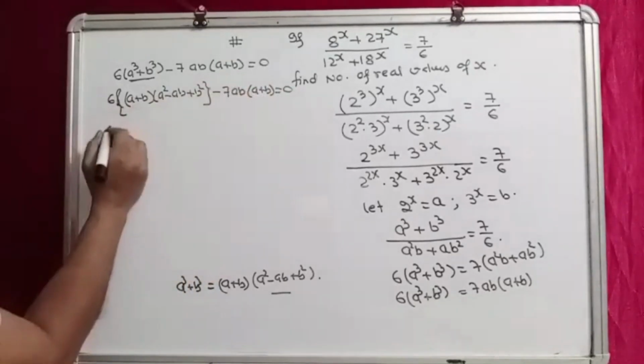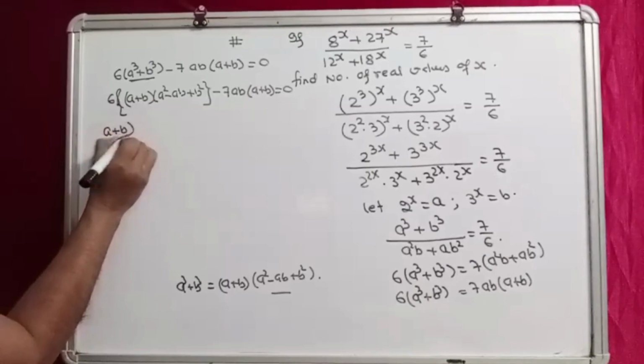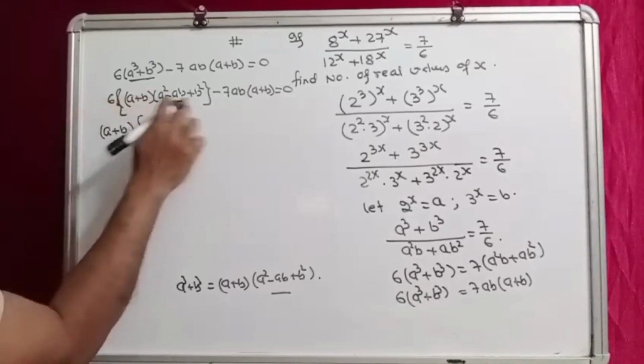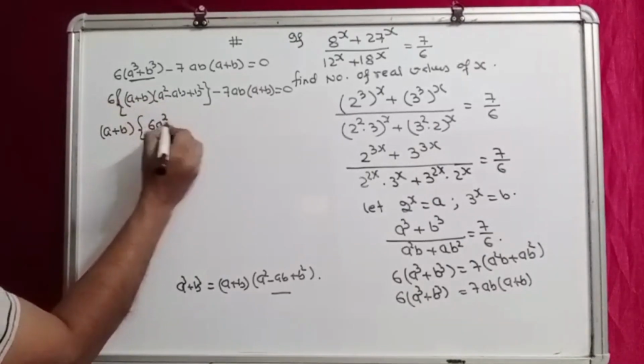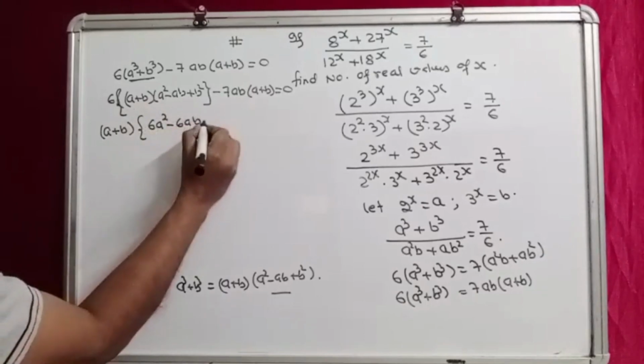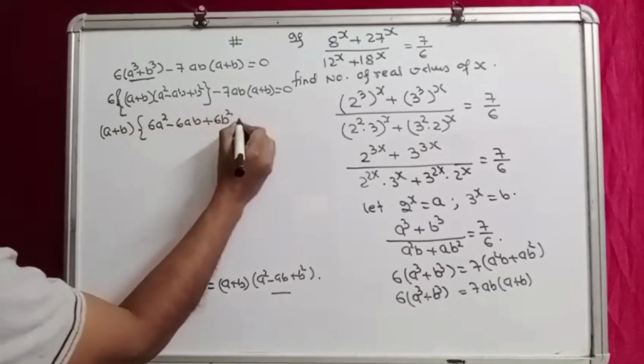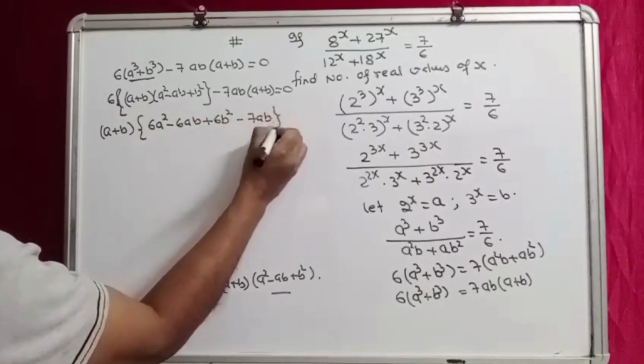Now a + b is common, so if we take a + b out and multiply 6 inside, 6a square minus 6ab plus 6b square minus 7ab, and this is equal to 0.